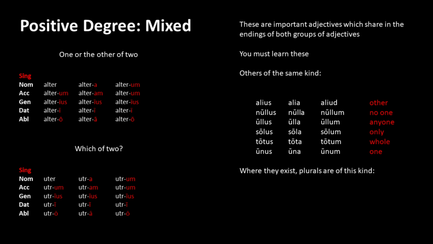And where they exist, which is not often the case, plurals are of this kind: boni, bonae, bona. That is a perfectly standard 2-1-2 plural group 1 adjective.